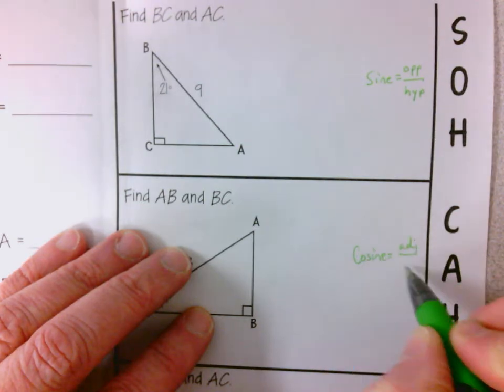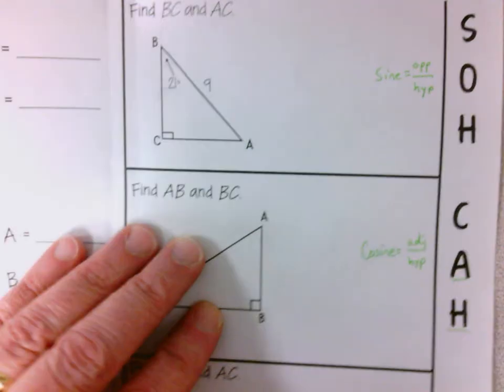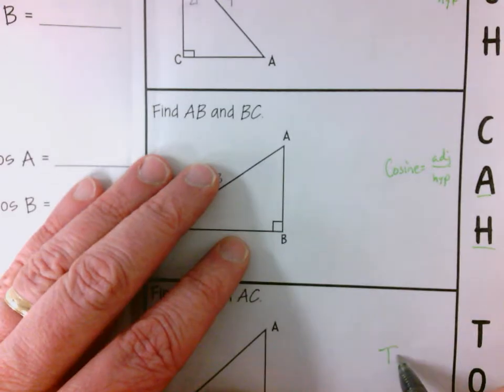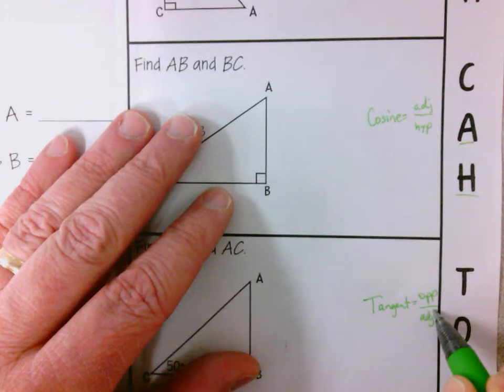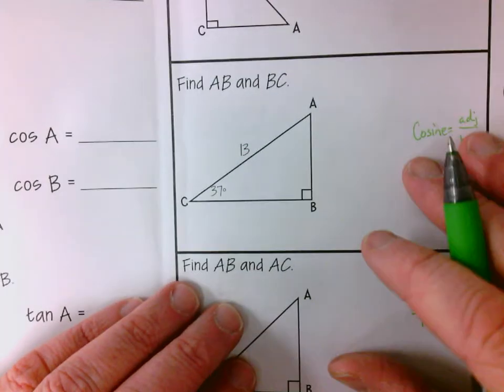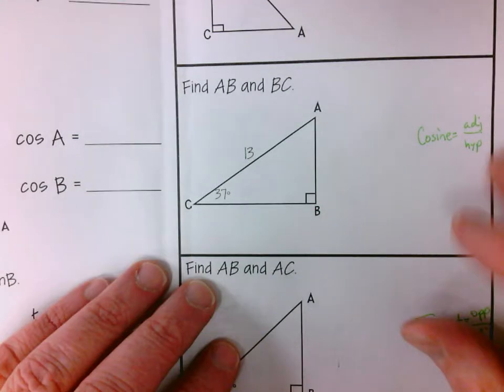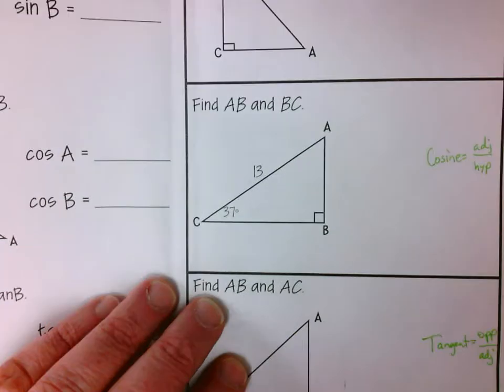That's why we have the letters. And tangent equals opposite over adjacent. So you're going to get a triangle, and it's going to tell you some sides, and you'll be able to find this ratio. There's a number that you can get from your calculator or a table, and sometimes you'll use it to find angles, sometimes you use it to find sides.